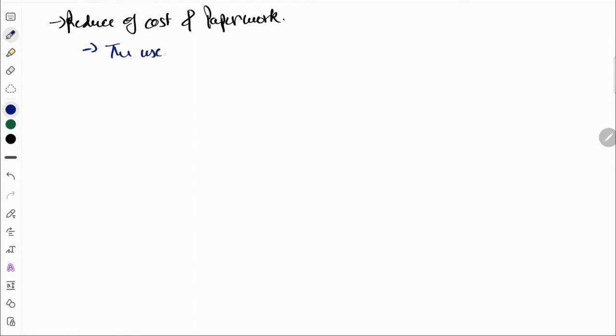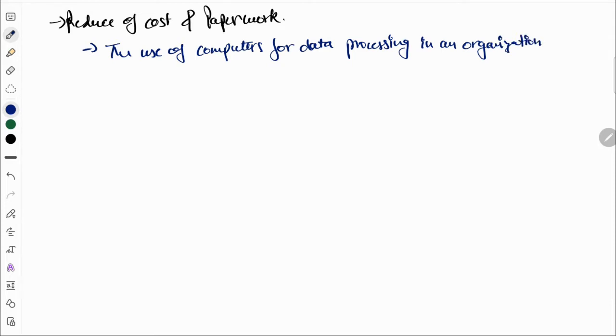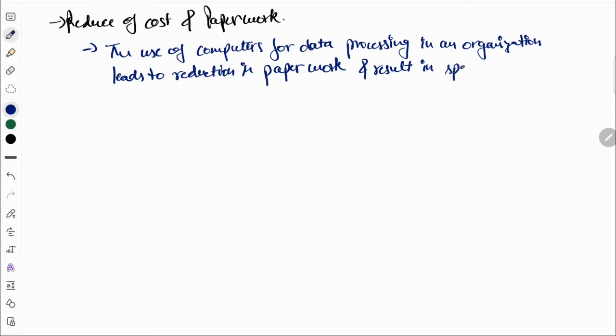The use of computers for data processing in an organization leads to reduction in paperwork and results in speeding up the process.